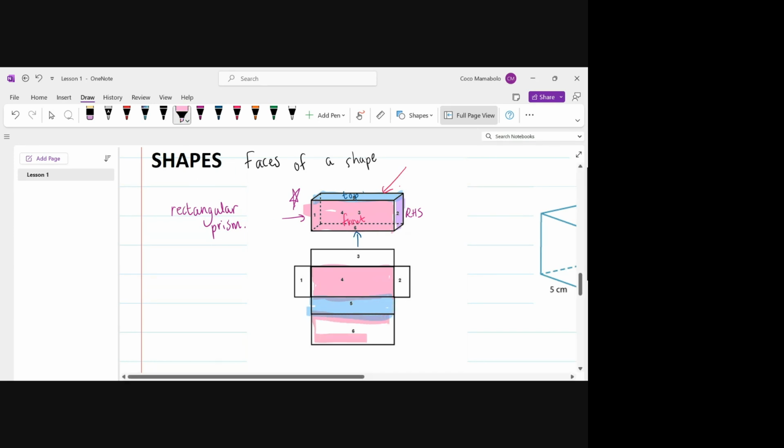The front is also connected to the bottom, and that's what we've got over here. The front will also be connected to my right-hand side and my left-hand side. So I can tell that my box has been built symmetrically.